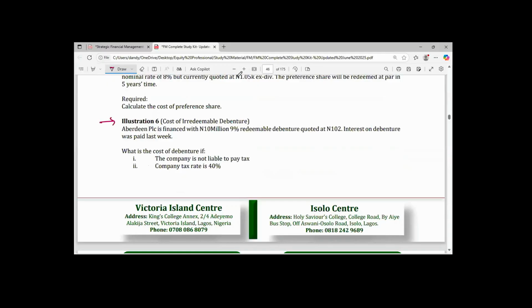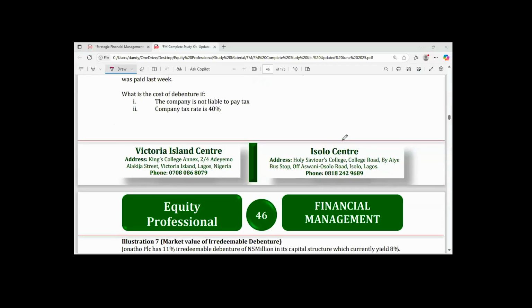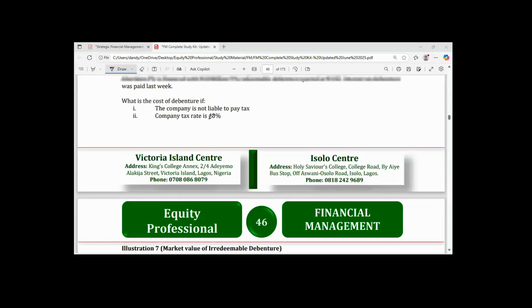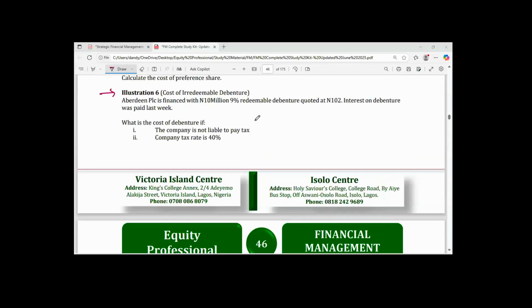Illustration number 6. Who will help us to read? Page what, sir? Page 45. So he's helping us to read illustration number 6.